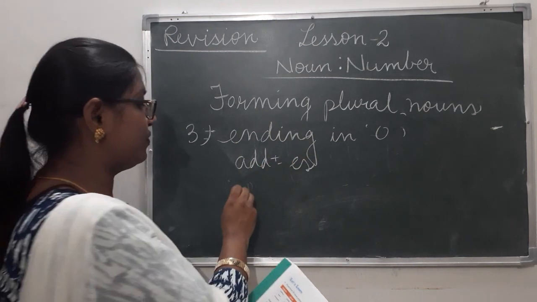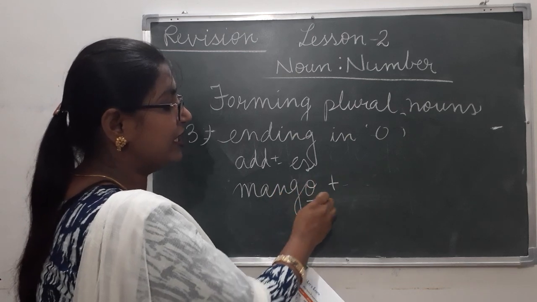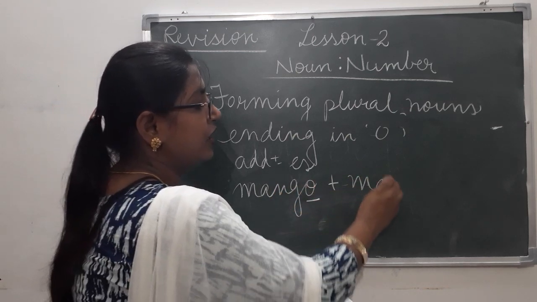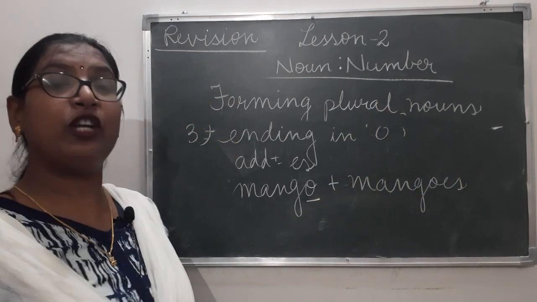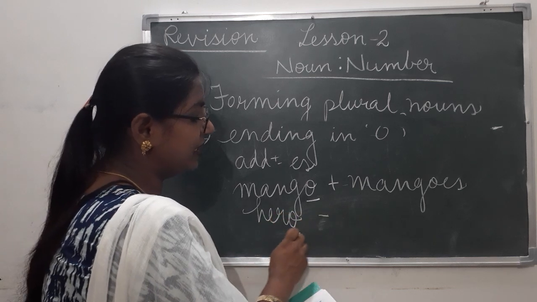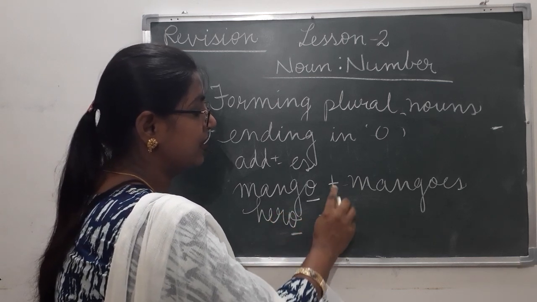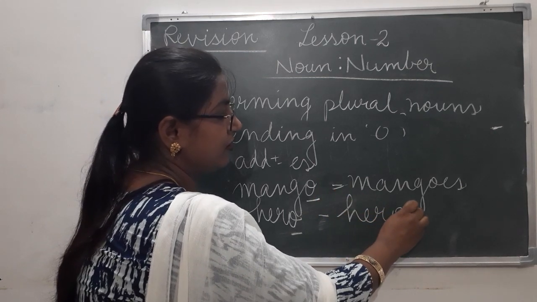We add ES. For example, mango. It is ending with O, so it will become mangoes. Hero. It is ending with O, it becomes heroes.